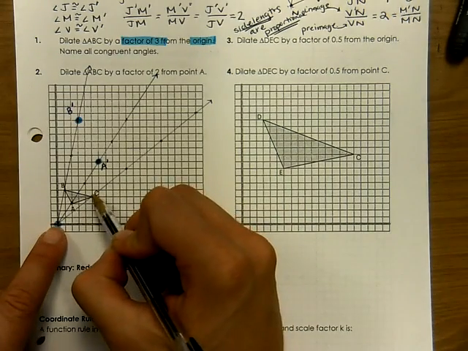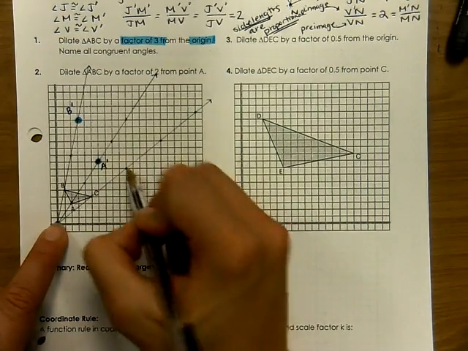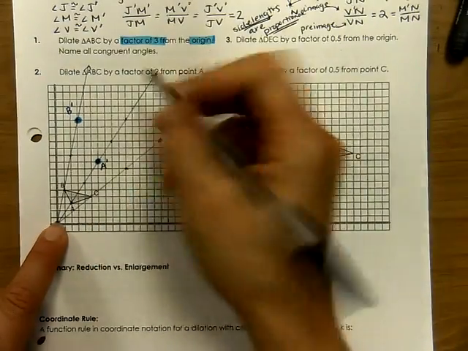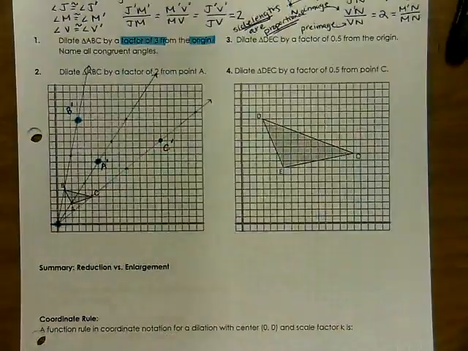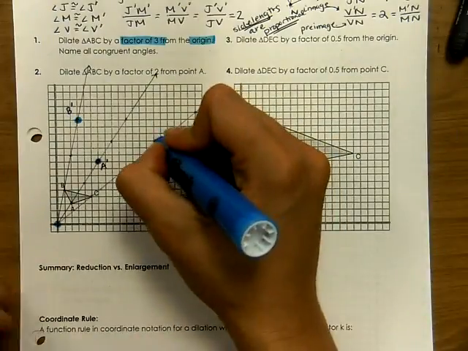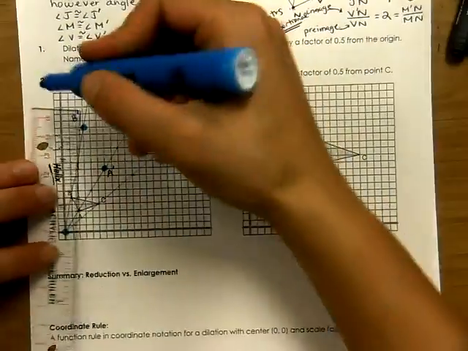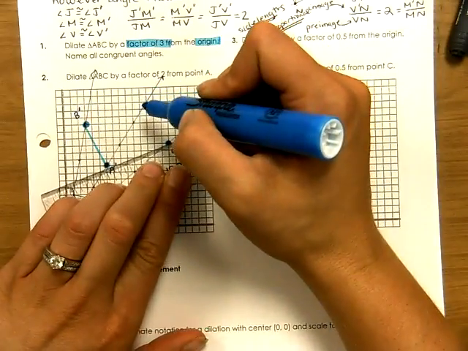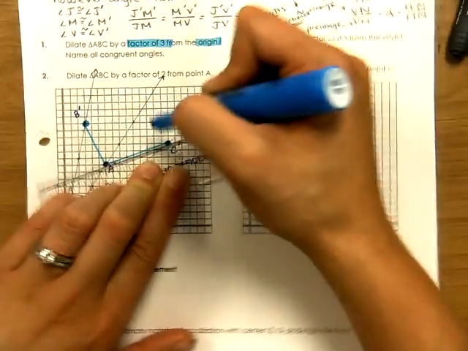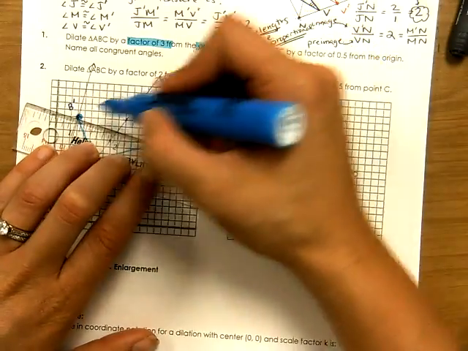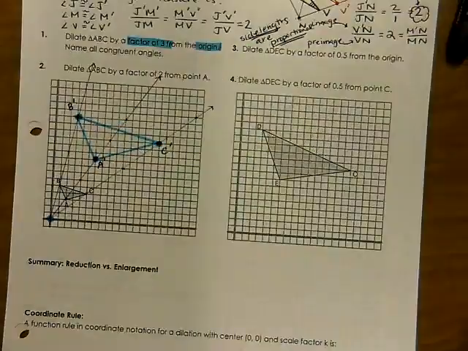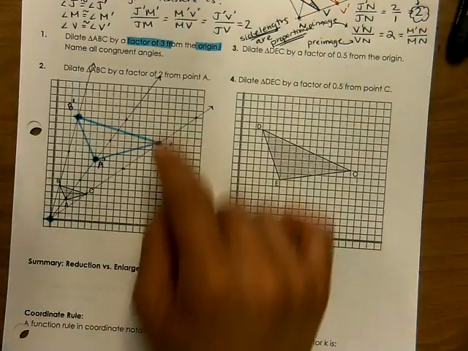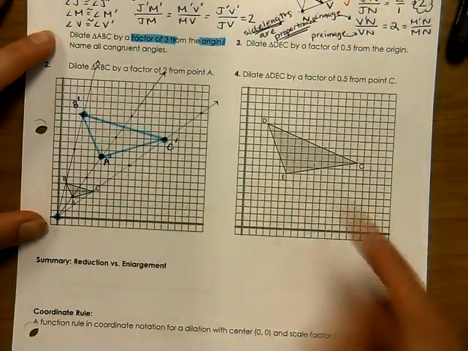So the origin to C, there's 1, 2, 3 times, there is C prime. So now I can draw in this triangle. And there is the triangle that's been dilated from the origin by a scale factor of 3.